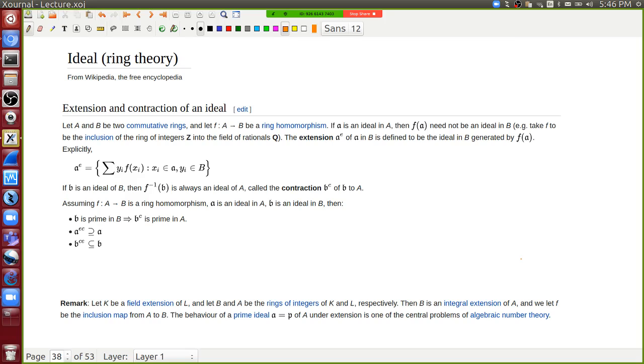So what do we want to do here? Let's just read a little bit of this, part of the Wikipedia page on ideals in rings: extension and contraction of an ideal.